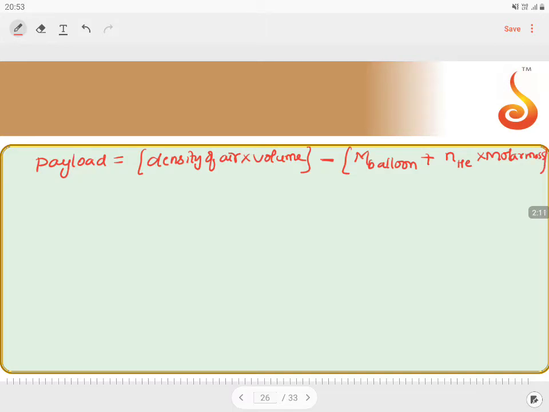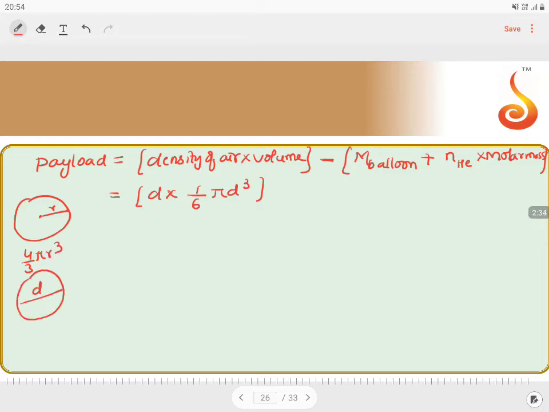Now volume can be written as 1 by 6 pi d cube. Remember, if I am taking a sphere with radius r, then the volume is 4/3 pi r cube. If the diameter is d, then I can write volume as 1 by 6 pi d cube.